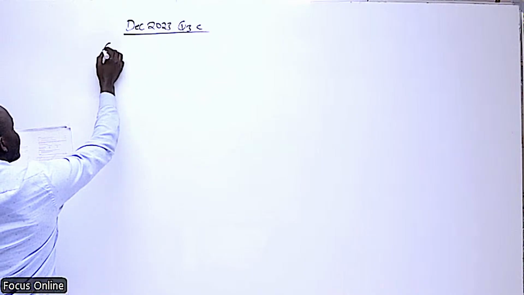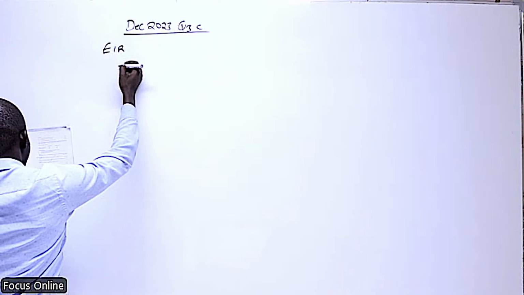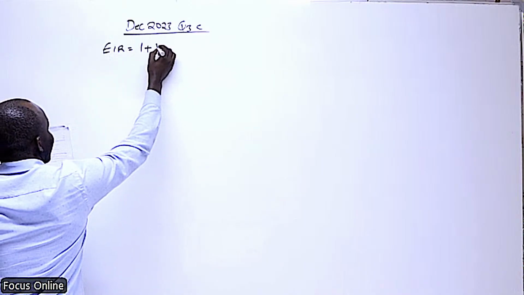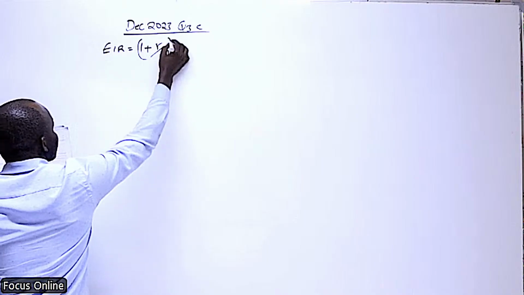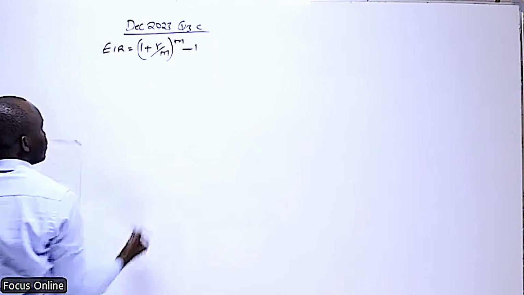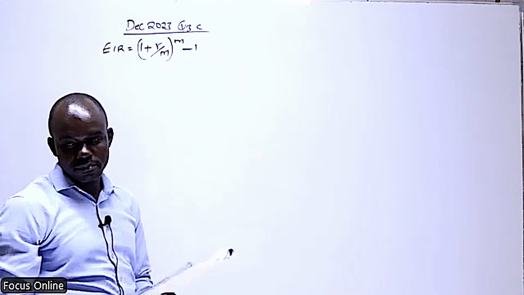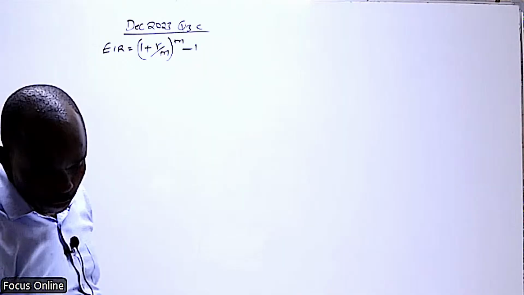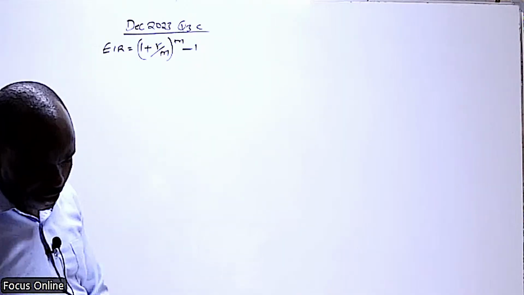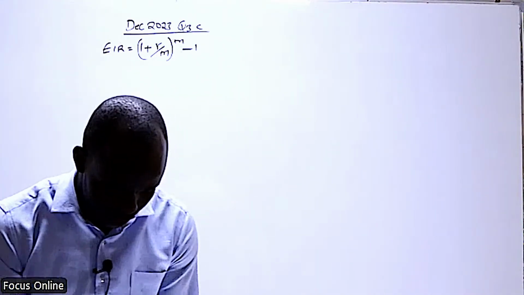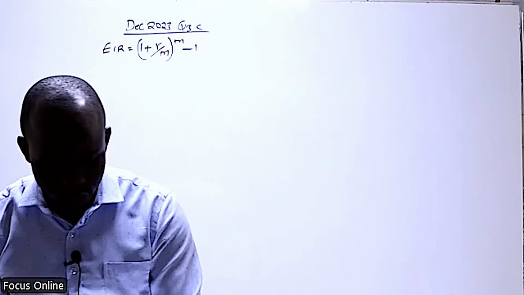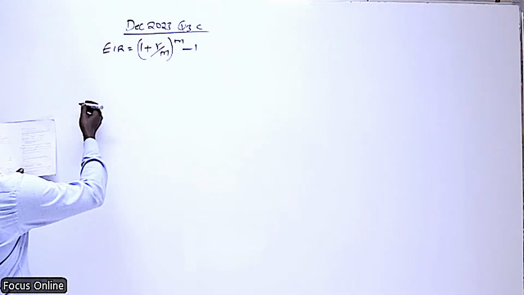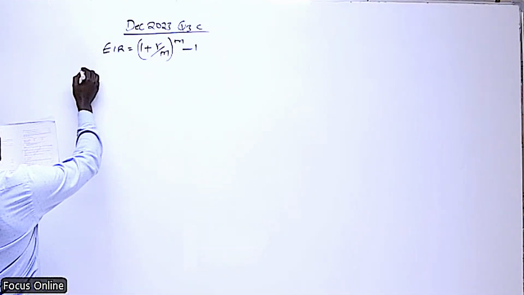Effective interest rate, we said, is equal to (1 plus R over M) power M, minus 1, whereby M is the number of times compounding occurs in a year. So now here, we start with the first one, post office MIS scheme.